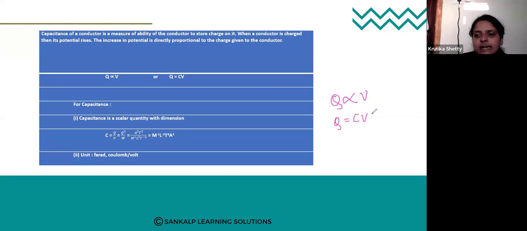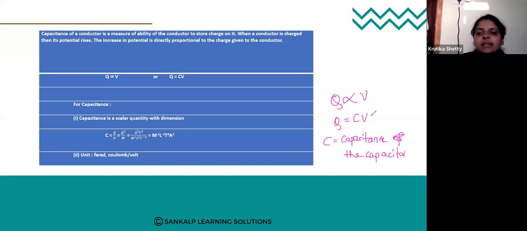Q is equal to C into V, where C is the proportionality constant, and C is called as what? Capacitance of the capacitor. C is the capacitance of the capacitor, V is the potential, Q is the charge.